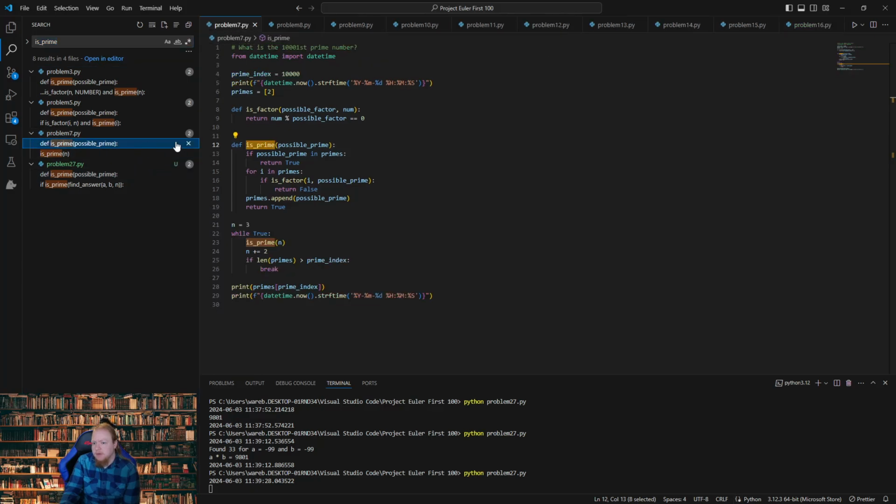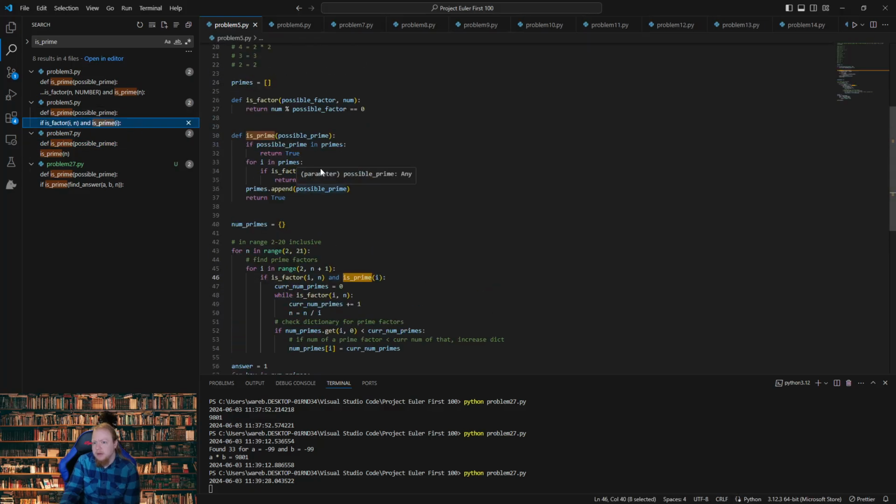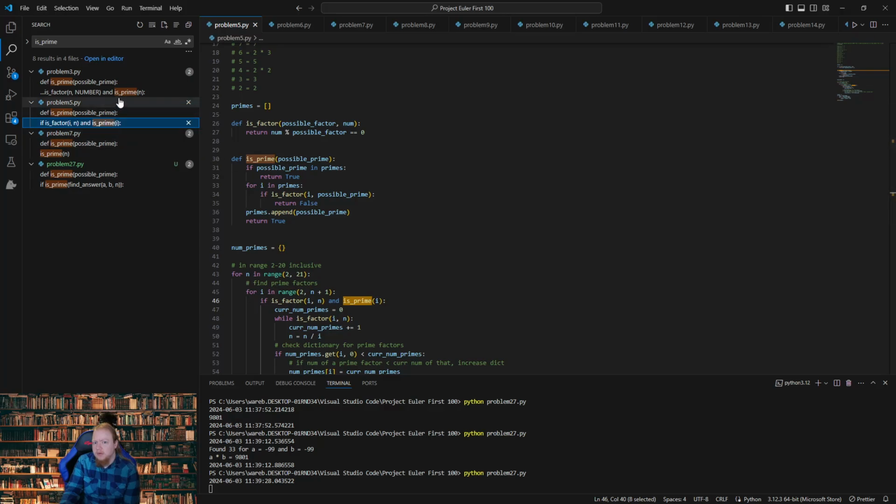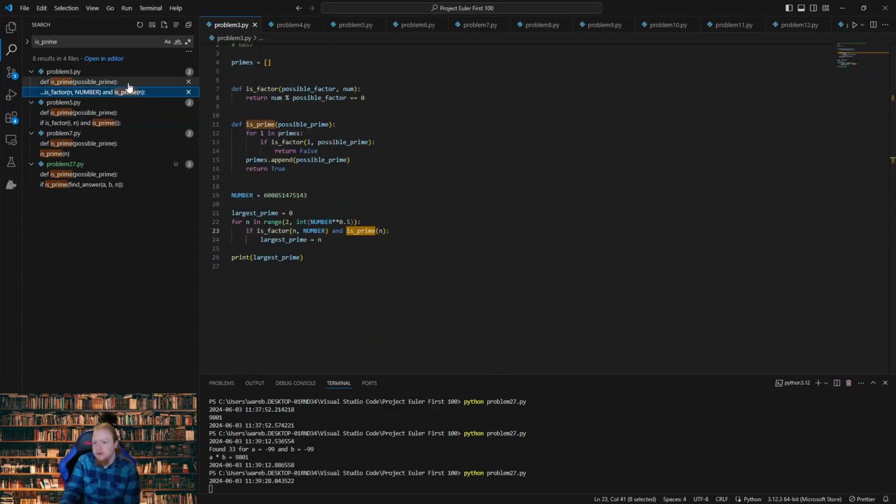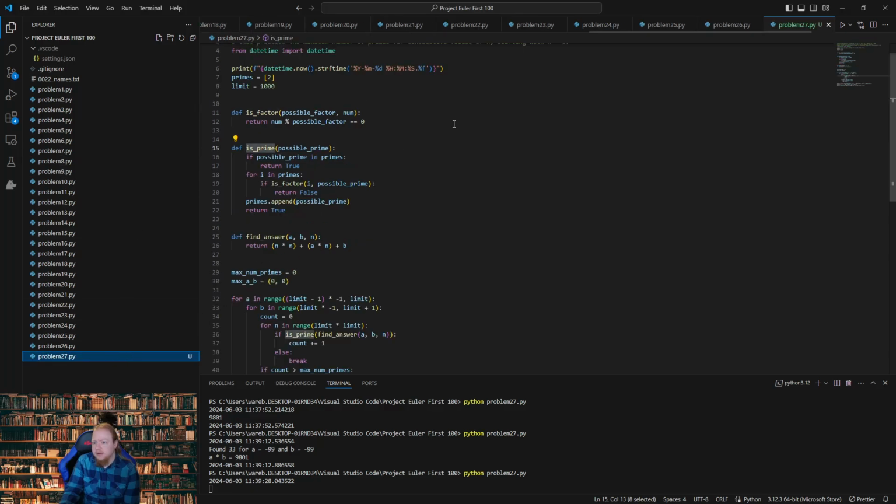Okay, so we went from problem 7, and it's the same as in problem 5, which is the same as in problem 3. And the problem with this method for problem 27 is we're not necessarily going through in order, so we can't just do for i in primes and check whether those are factors.